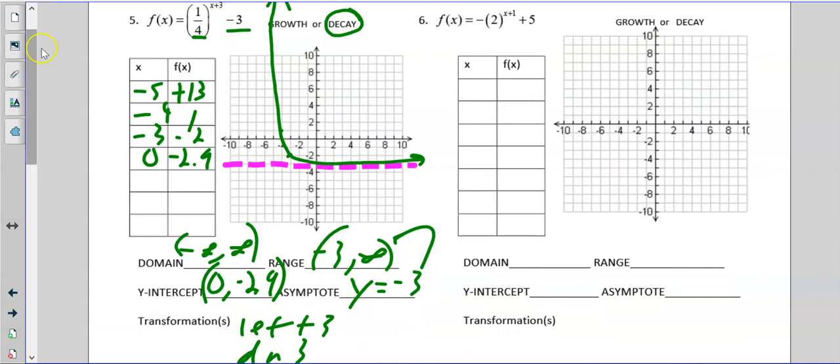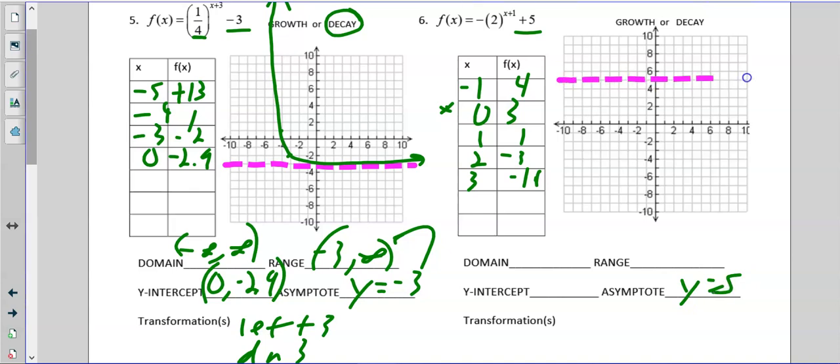On to number 6. All right, here we have -1, +4, 0, 3. There's our y-intercept. 1, 1, 2, -3, and just for scope where it's going, 3, -11, even though it's off the chart. +5 is my asymptote. So y equals 5. I'm going to draw that line in right here.